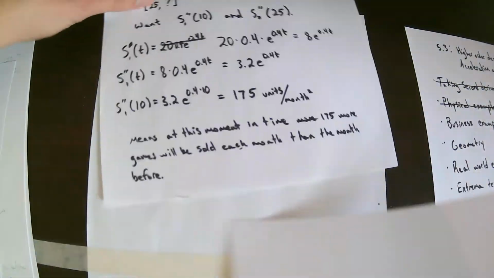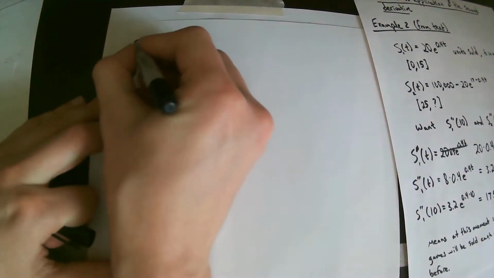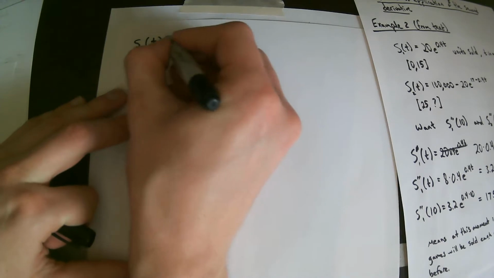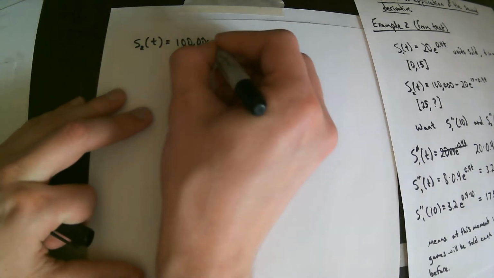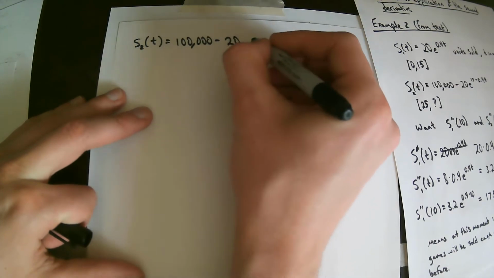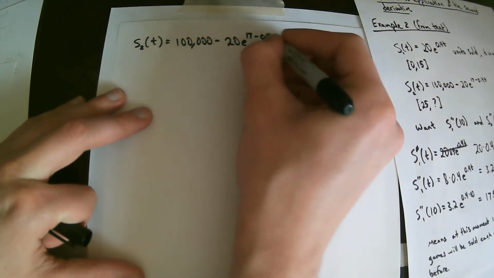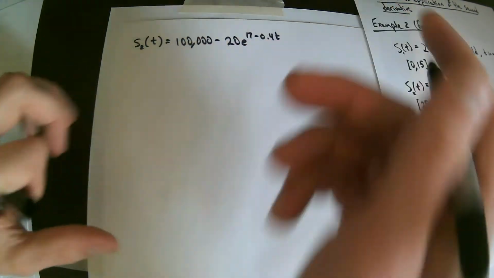Let's find S double prime at 25 for the second function. So the second function was S of t equals 100,000 minus 20 times e to the 17 minus 0.4t.